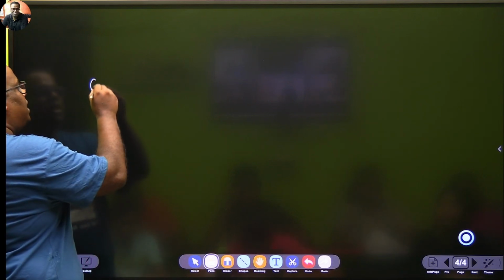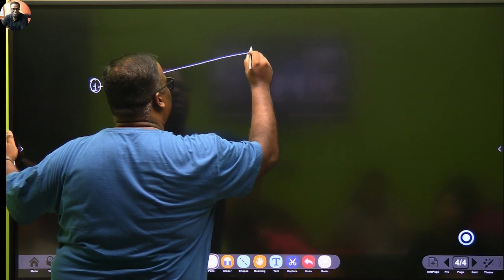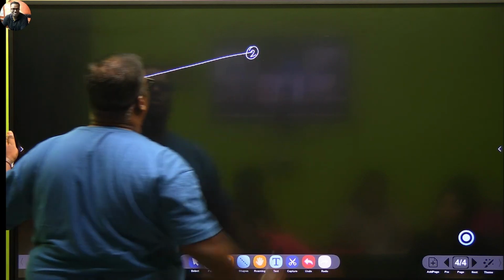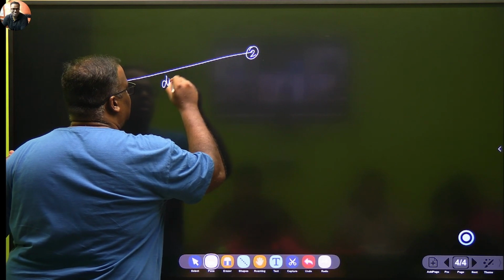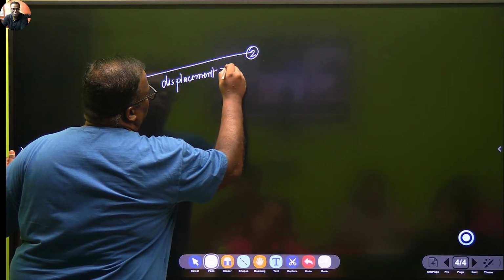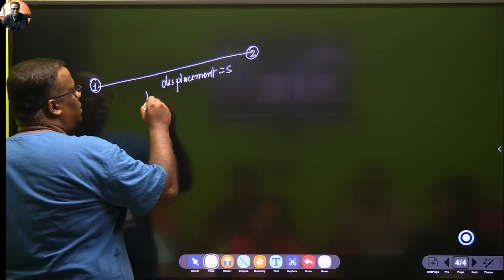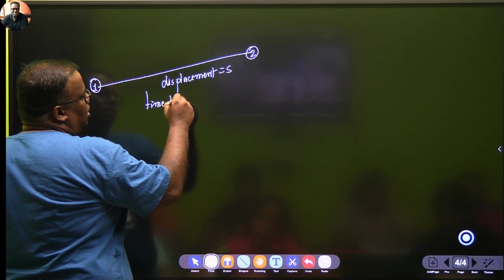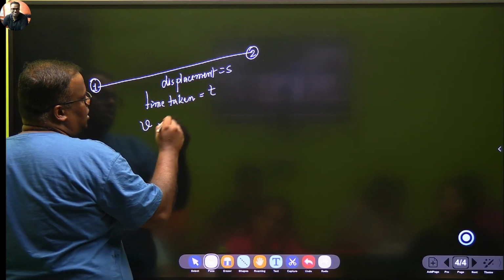And let's come back. So this was my position 1 and I am going straight here to position 2. It went to the second position. And let's say the displacement is equal to s. Now I'm coming back to grade 9. And the time taken was equal to say t. So what is the velocity?